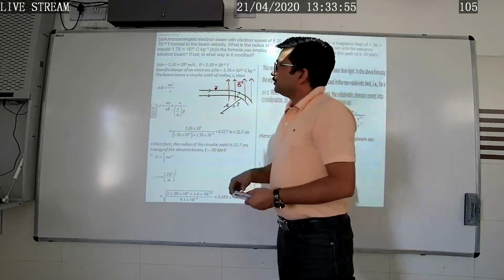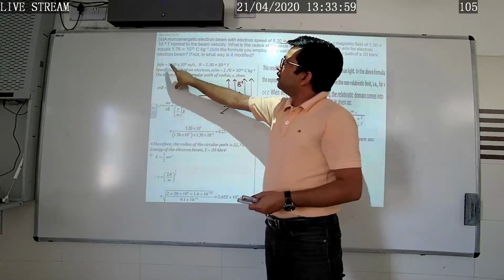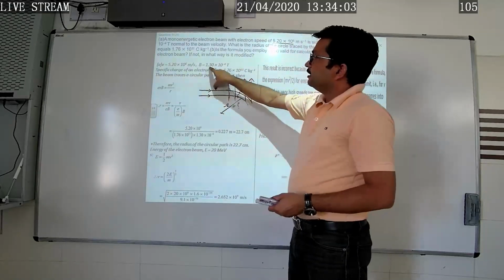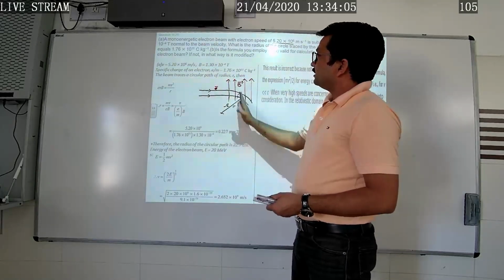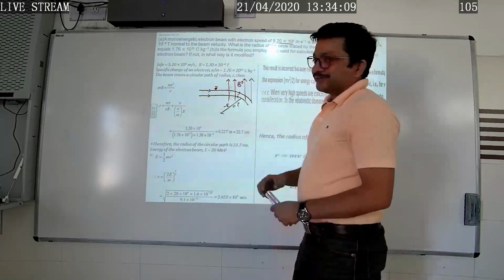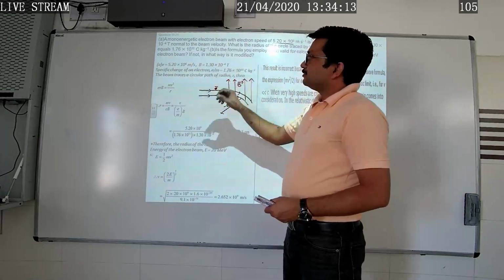So let's start solving the first part. The data given: the electron speed is given to us, and the magnetic field acting perpendicular to the direction of the electron beam is also given. The specific charge ratio is also given.